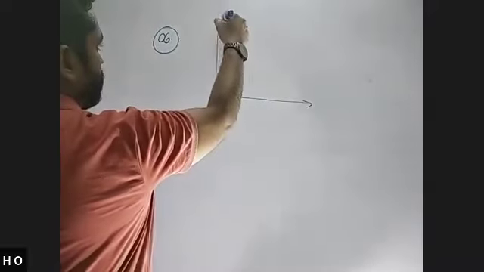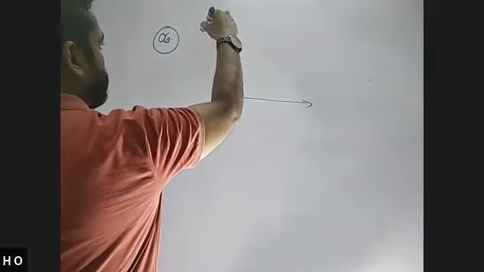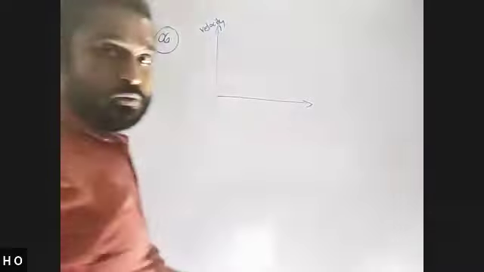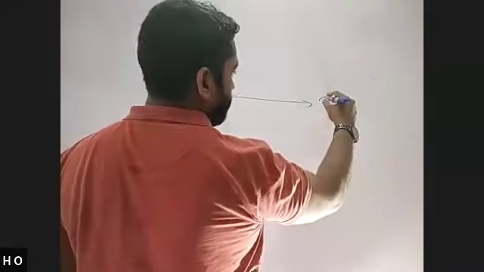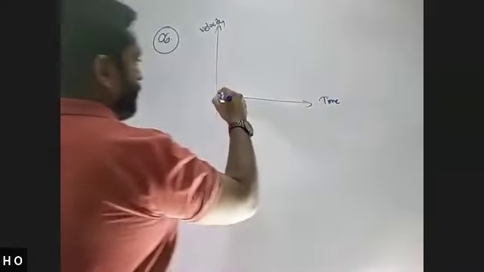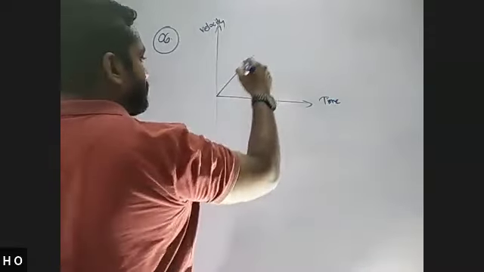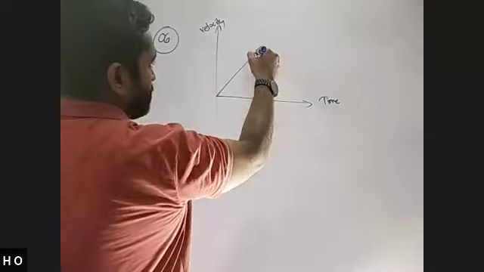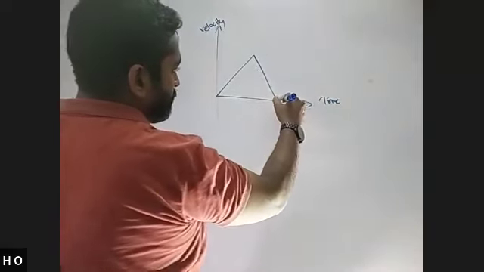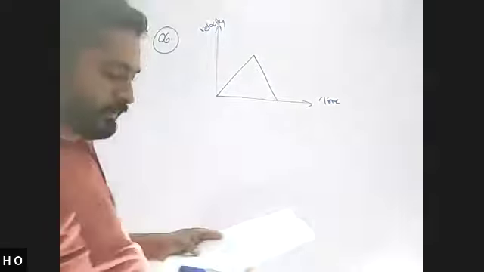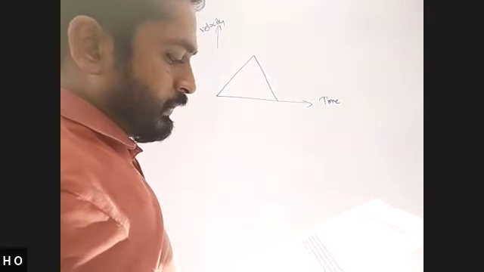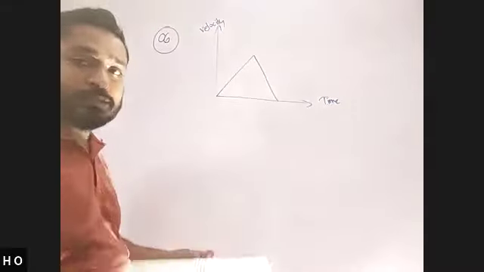So it is about the ball velocity and time. Have they given any units? No, nothing. As far as the ball is attached with the balloon, it is like this. They say sketch the v-t graph for the upward motion of the ball from t equals 0 until the ball reaches its maximum height.